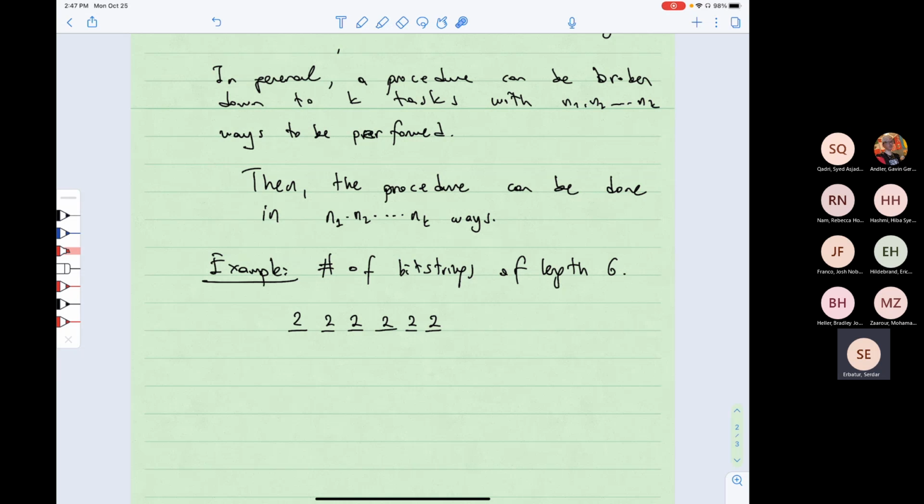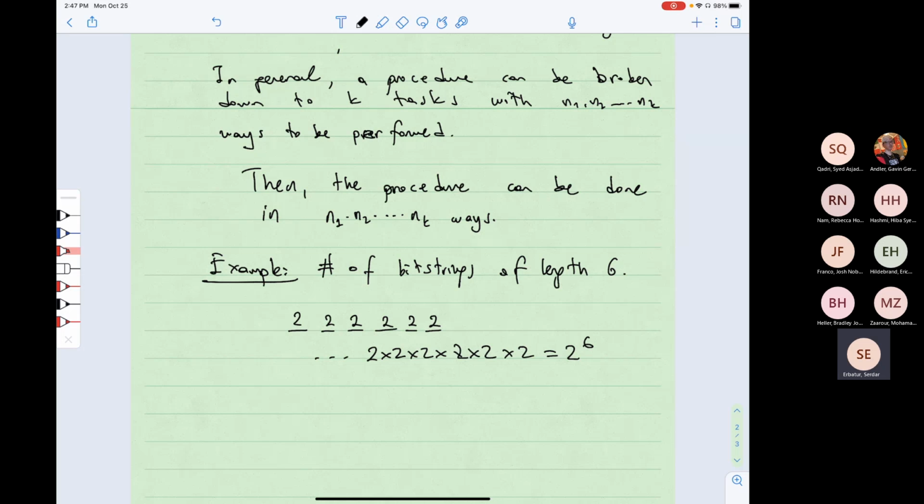According to the product rule, I have 2 times 2 times 2 times and so on, so I can write 2 to the 6 different bit strings of length 6. The product rule tells me that.